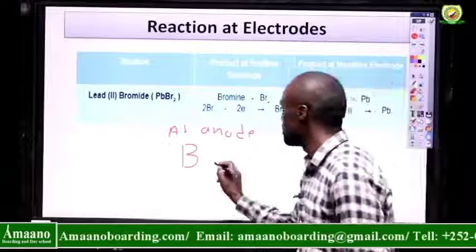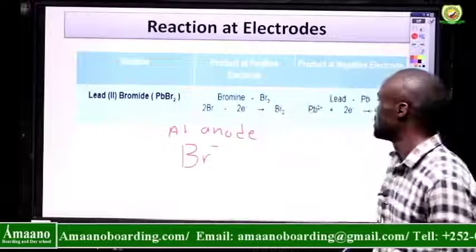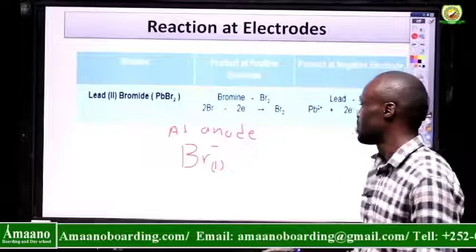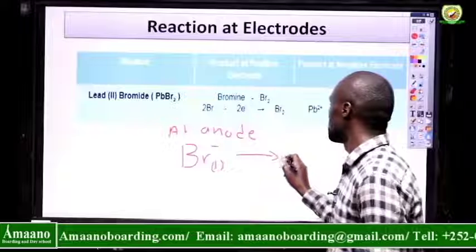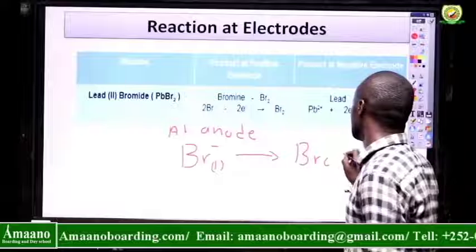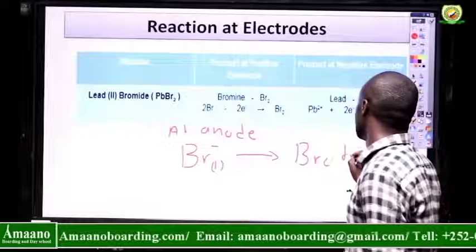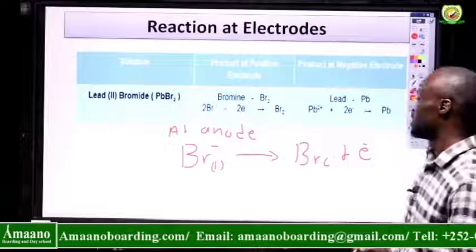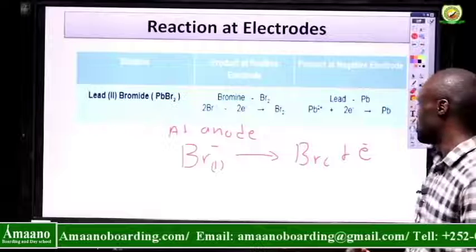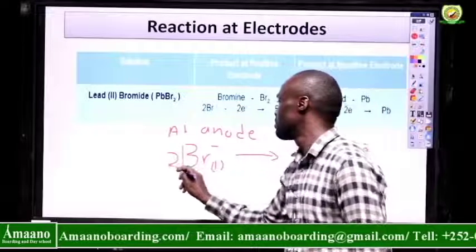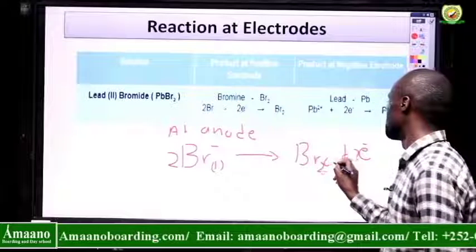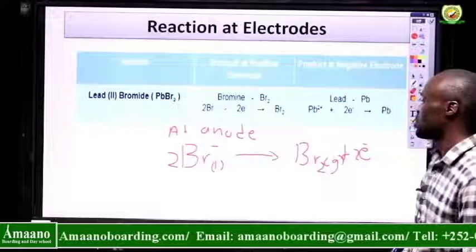You can see that these bromide ions, I'm using the state of liquid because it's molten, will lose an electron, and then we'll have this. But because bromine is diatomic, one atom cannot remain as bromine, so I'll have two of them giving me bromine, and then 2 electrons, then this is going to be a gas. That's why you'll see the bubbles.